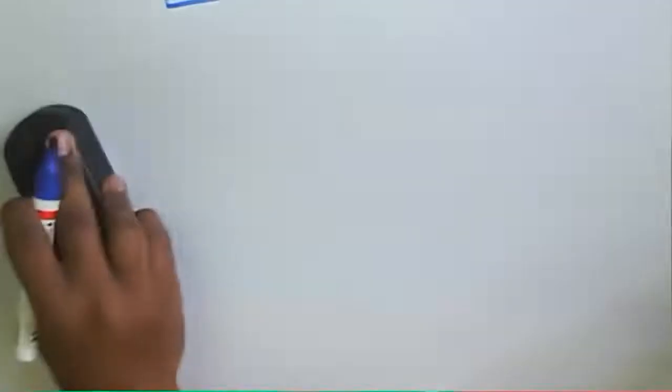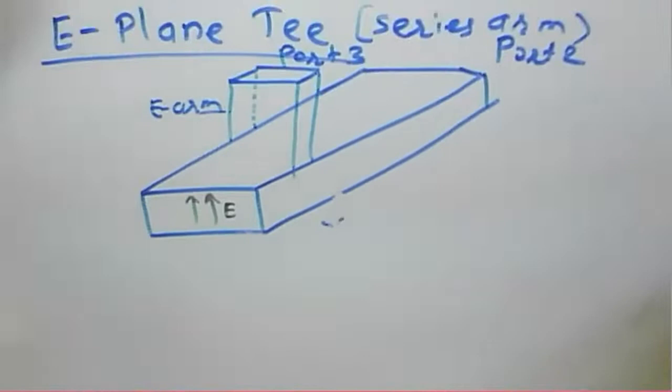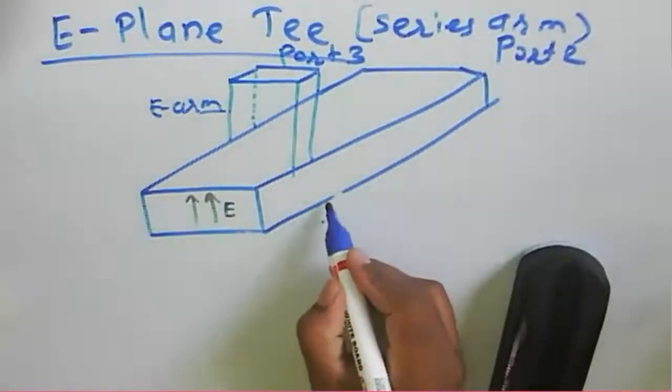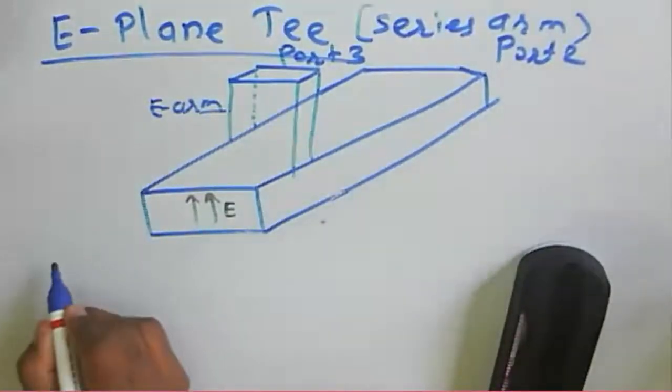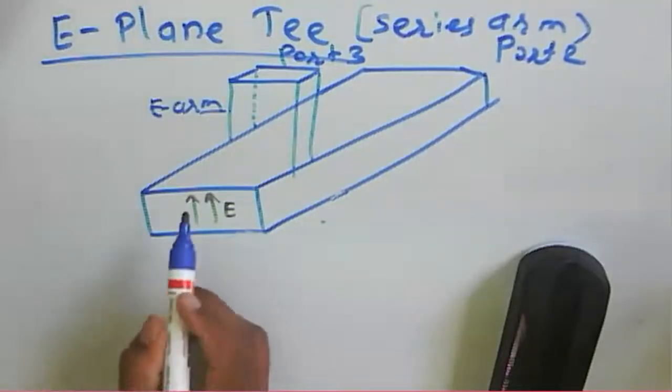Now, through this, we'll conclude what the S matrix components or S parameter components are for this E plane T. Say this is port 3.